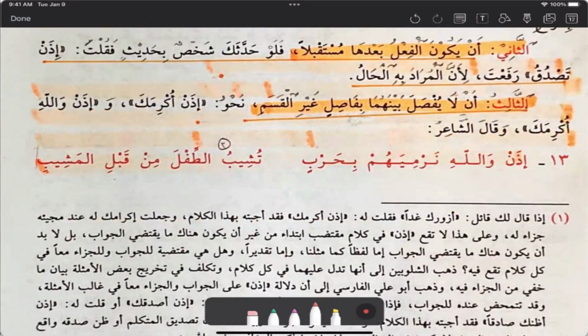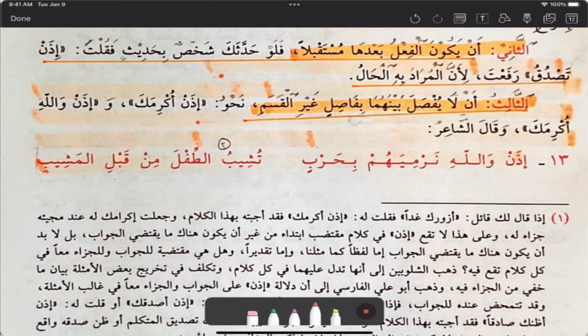الثاني, the second, is أن يكون الفعل بعدها مستقبلا, is for the verb after it to be future tense. فلو حدثك شخص بحديث. So had someone had a conversation with you, فقلت إذا تصدق, and then you said, إذا تصدق, then you're honest.